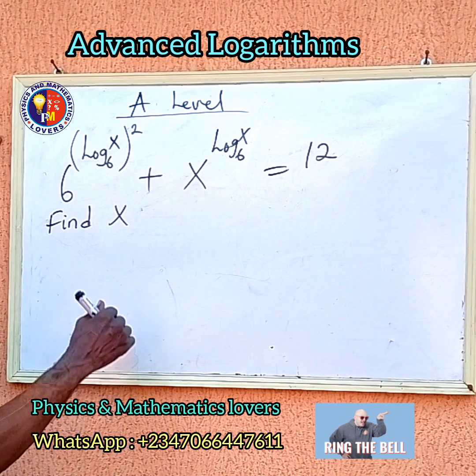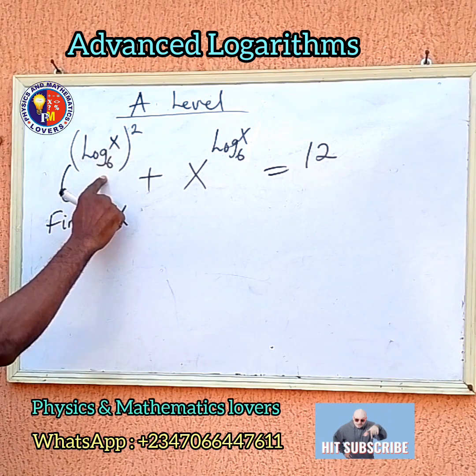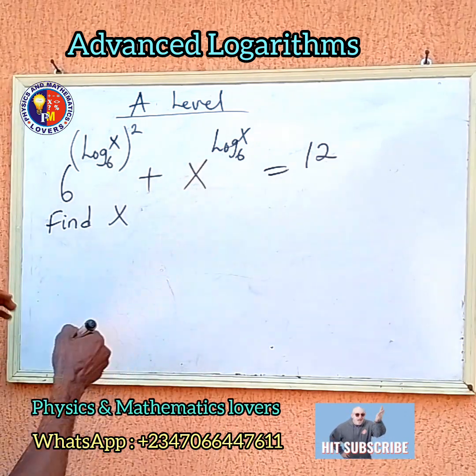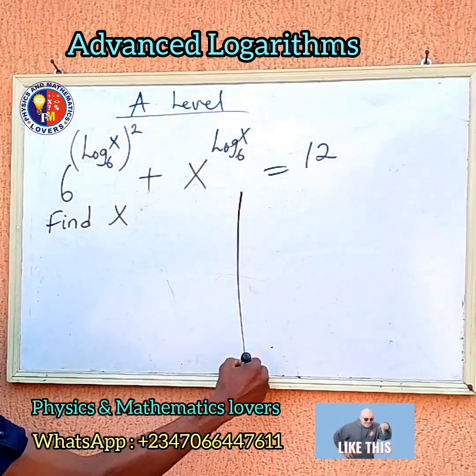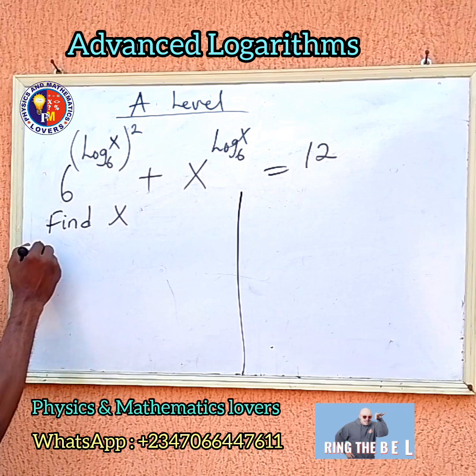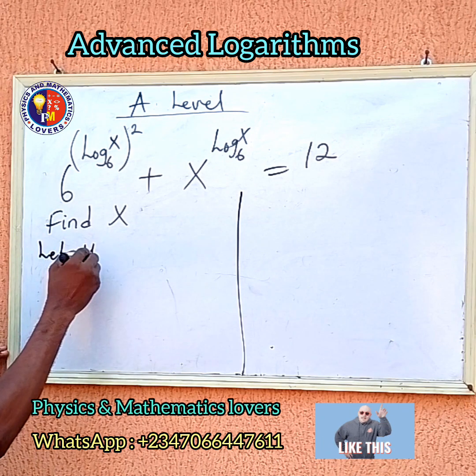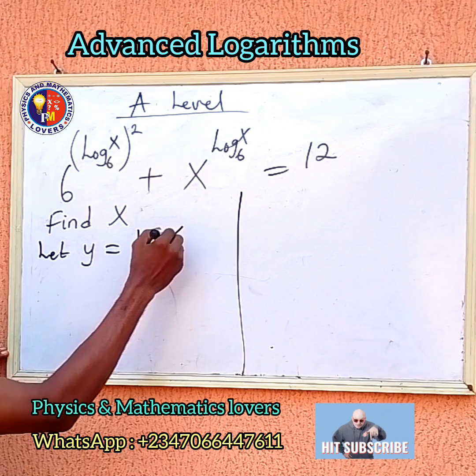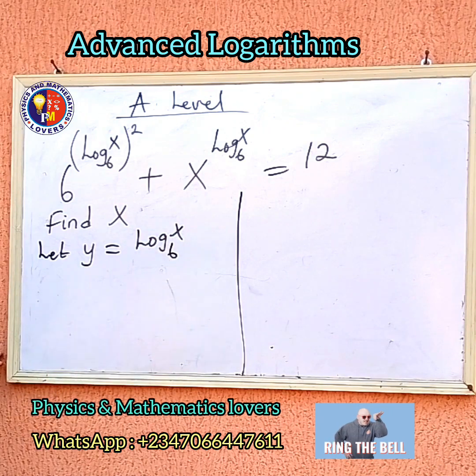So let us find a way to represent this log x to base 6 first of all. You can choose any alphabet, so let me use an alphabet of my choice. Let y equal log x to base 6.